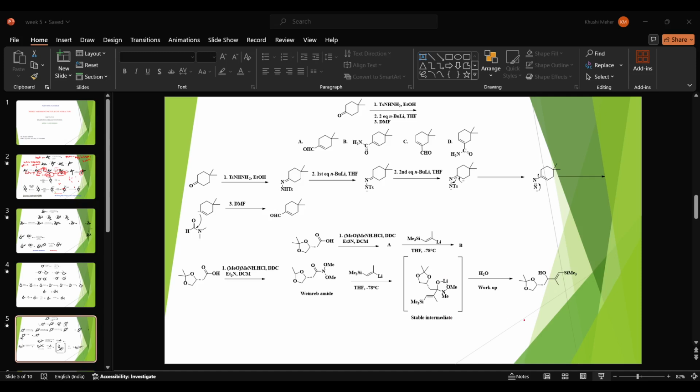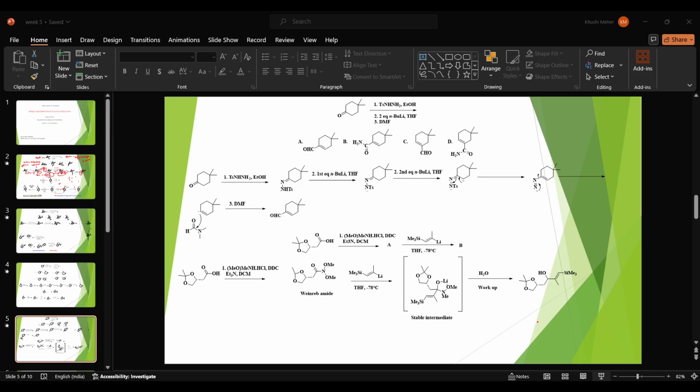First you have to convert the acid to the corresponding Weinreb amide, and after that you can use different organomagnesium reagents, which is also possible, and also organolithium. Most people prefer organolithium as compared to organomagnesium reagents. Both are good, and the organolithium reagent will react with the Weinreb amide to give the corresponding ketone product.